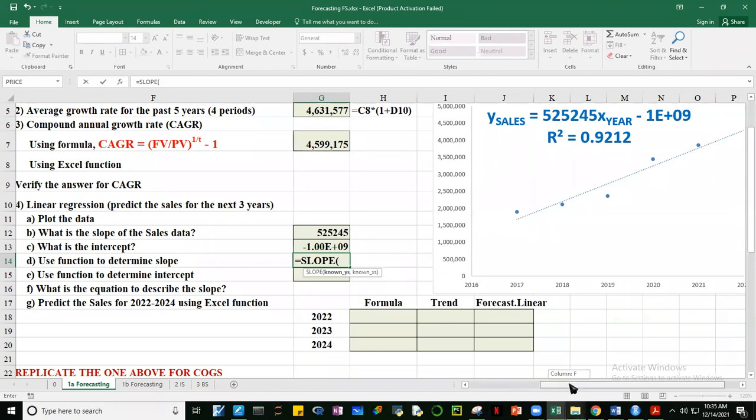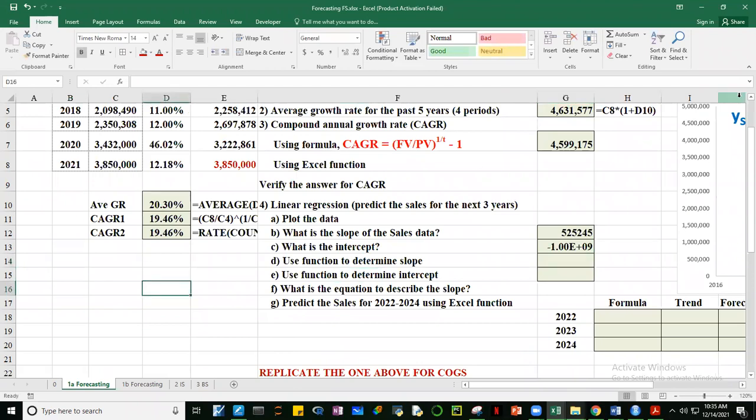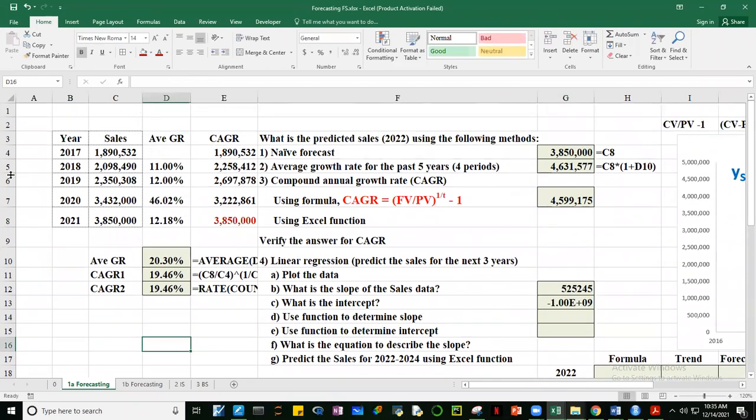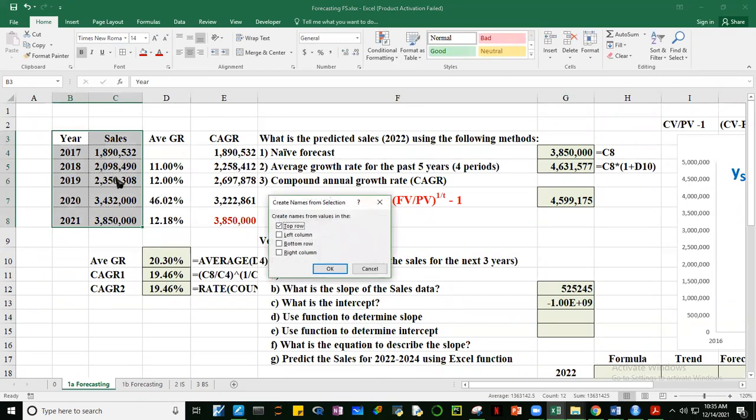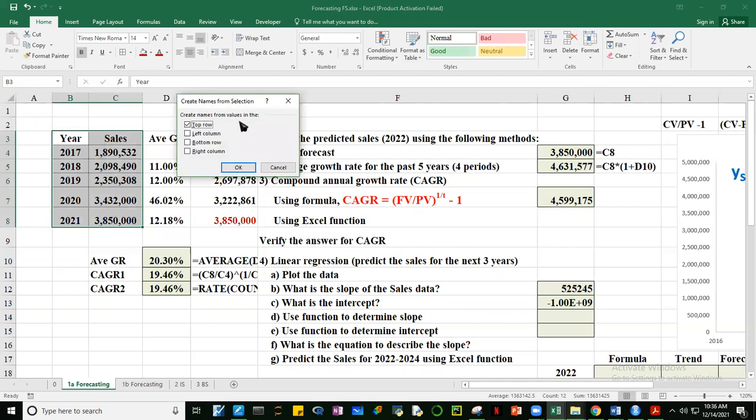Now to facilitate our computation, let's give it a name. Ito yung known Y's natin. Ito naman yung known X's natin. So what we can do guys, para mas mabilis tayo, is we can give these names. If you recall guys, Control-Shift-F3, create names from the values in the top row.